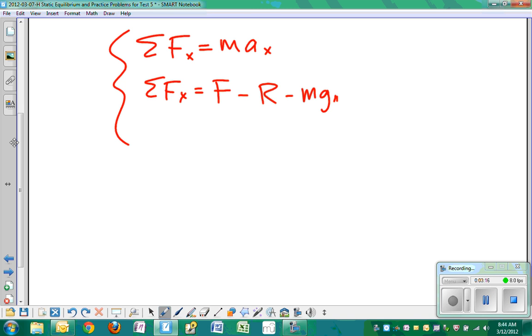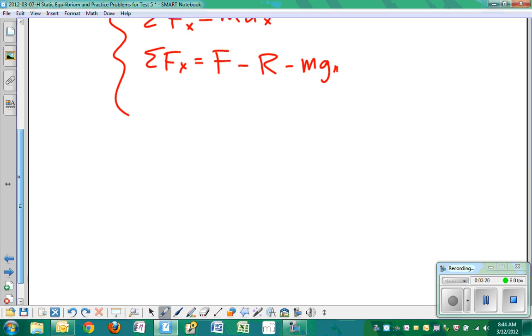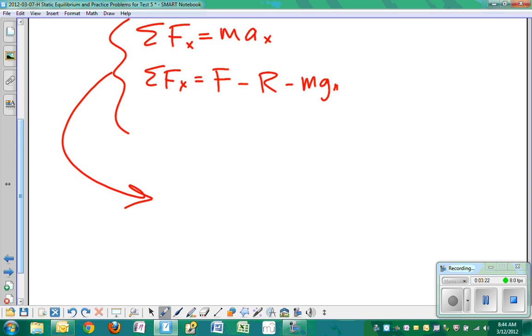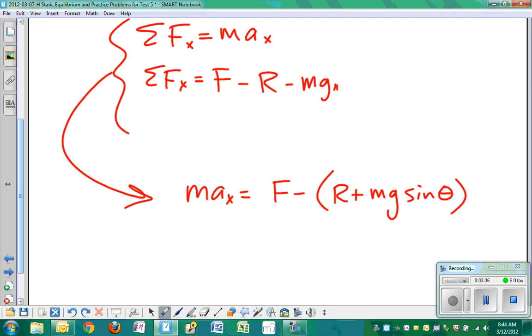That's the whole motorcycle and rider together? I guess so. Okay. All right, so let's just two-equation strategy this thing, and we'll go ma_x is equal to F minus the quantity R plus mg parallel, or mg sine theta. I just distributed the negative sign there.